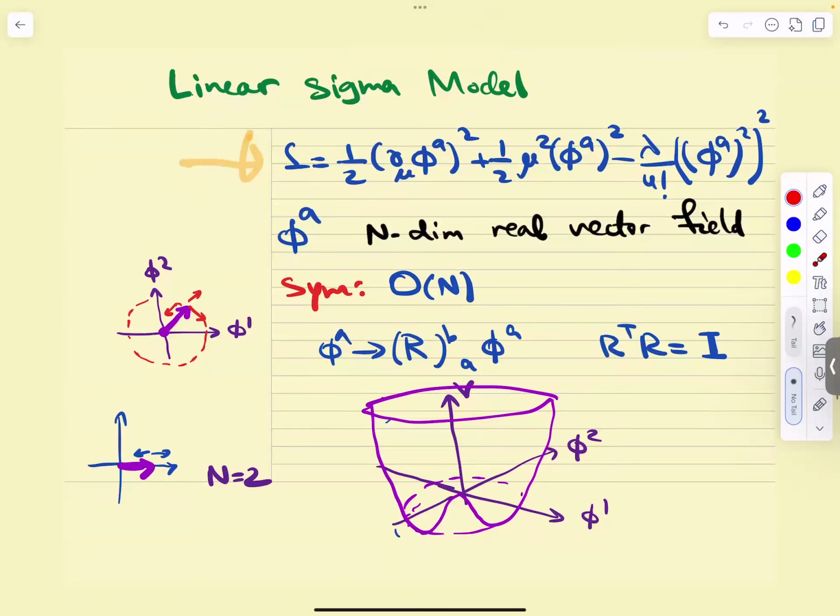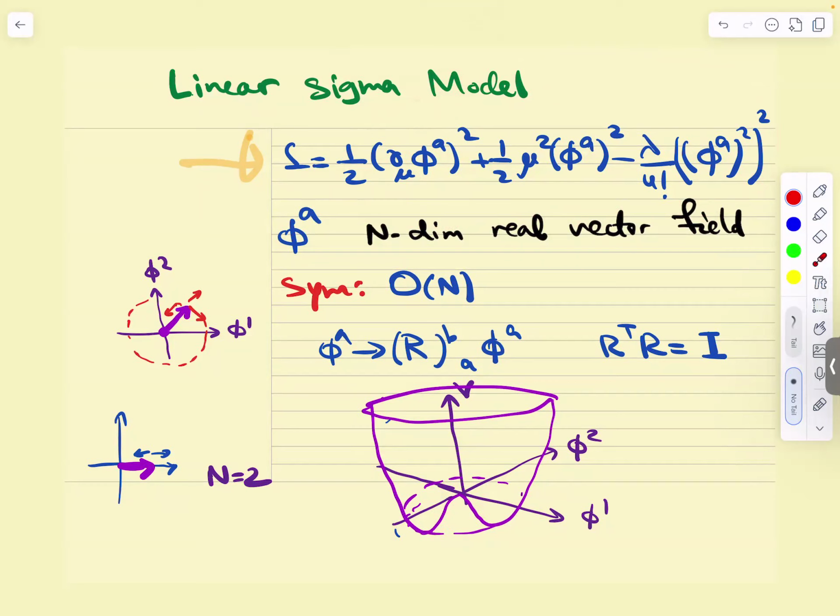All right. Very good. So now let's talk about spontaneous symmetry breaking. What does the potential look like? The potential looks like this Mexican hat. Right? This is the potential if you plot it.